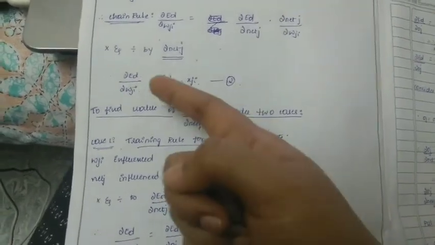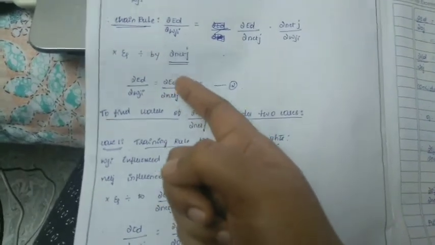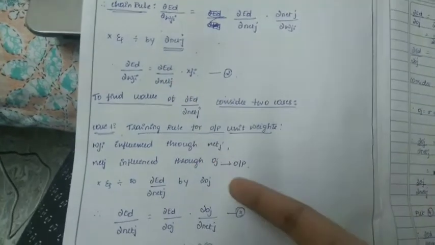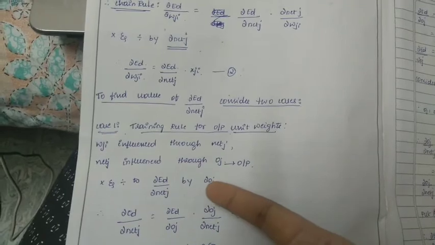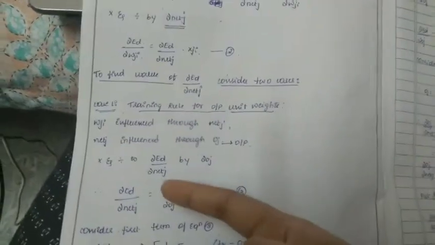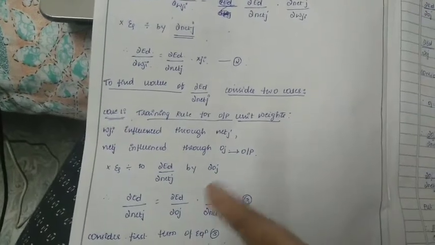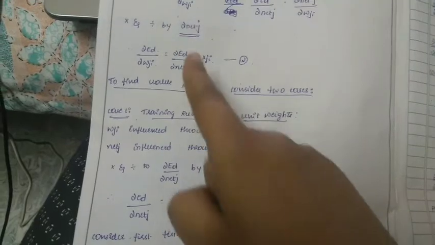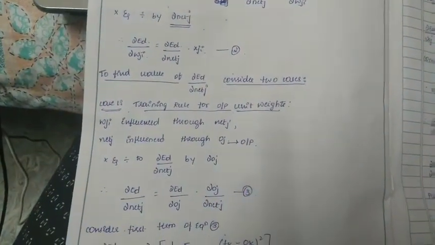Now we need to find the differentiation of E_d divided by net_j. For this we multiply and divide by the partial derivative of o_j, applying the chain rule. When I cancel this, I get back the same thing. Consider this as equation 3.